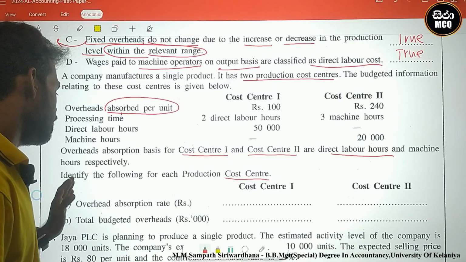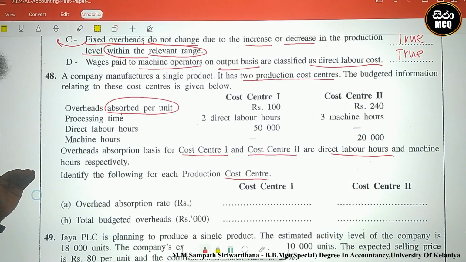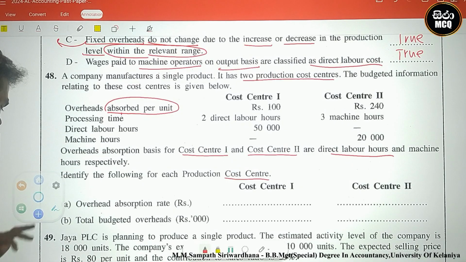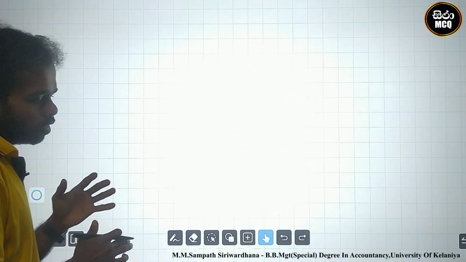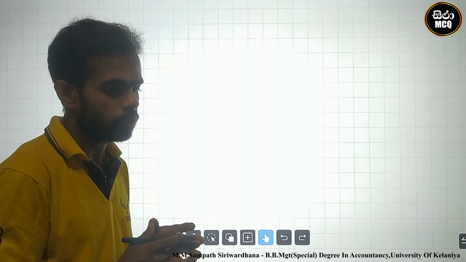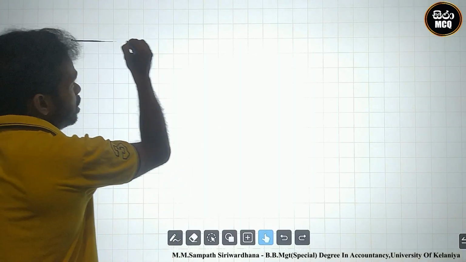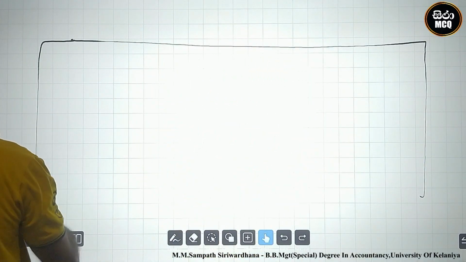Identify the following for each production cost center: overhead cost absorption rate and total budgeted overheads. Look here, you know the flow of overhead cost absorption. Firstly, you prepare a statement.